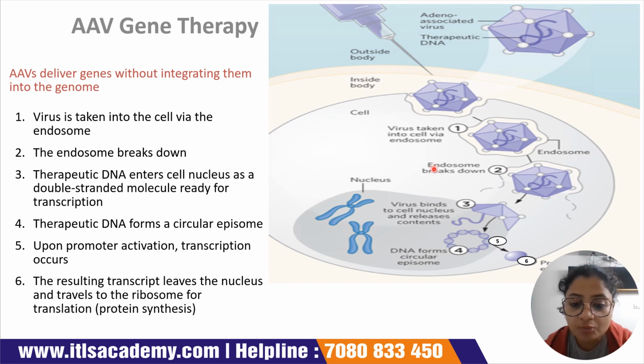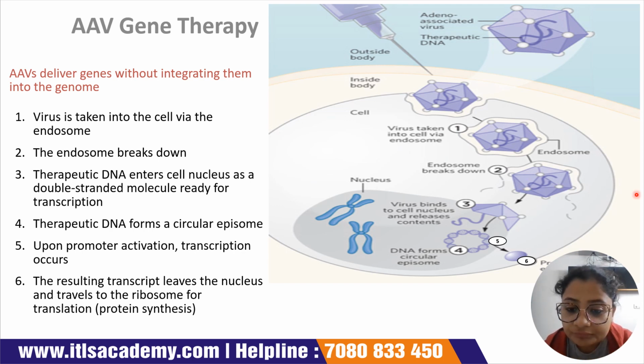While inside the body we can see that this virus is injected inside the body of the patient. So this is the cell of the patient. After getting inserted inside the cell, it is inserted with the help of the endosome, which is a very important cell organelle.